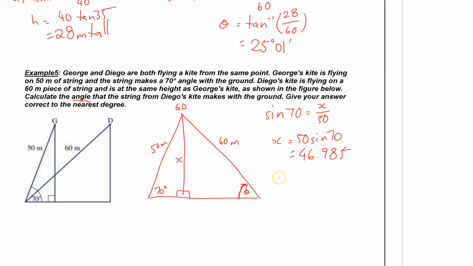Now, I also know that sine of theta is 46.985 over 60. So theta is the inverse sine of that.